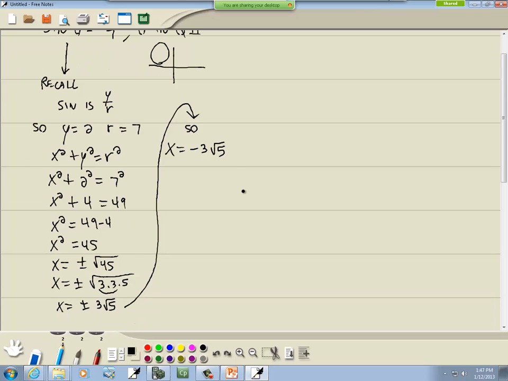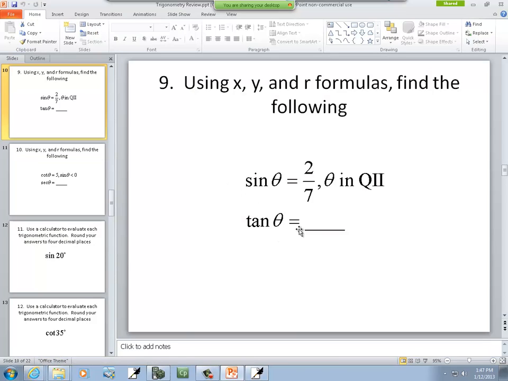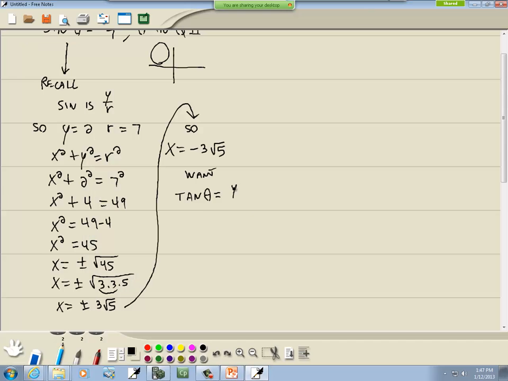Now what we're wanting is we want tangent. That's just from our problem. It says find tangent. And remember, tangent is equal to y over x. Well, y we said was 2, and x is negative 3 square root of 5.